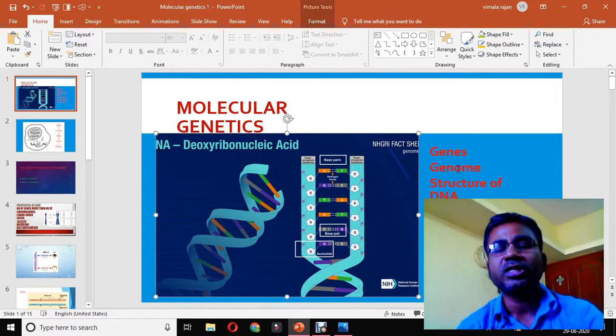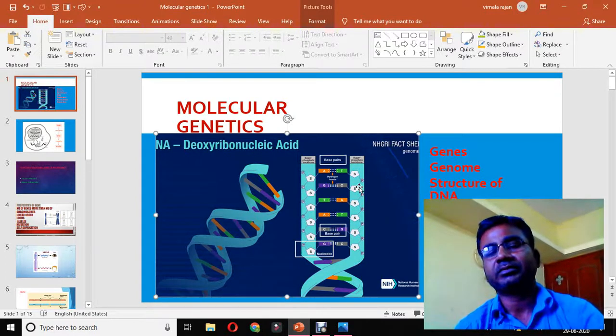And what about the genome? Genome means a long sequence of nucleotides, and it is a complete set of hereditary information of an organism. For example, you may have studied about the human genome.